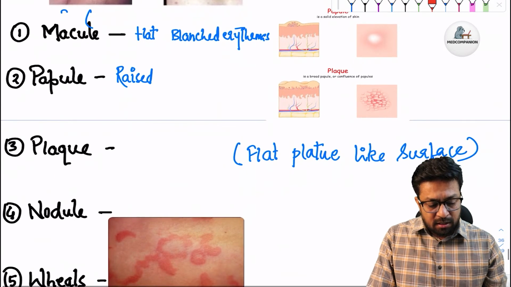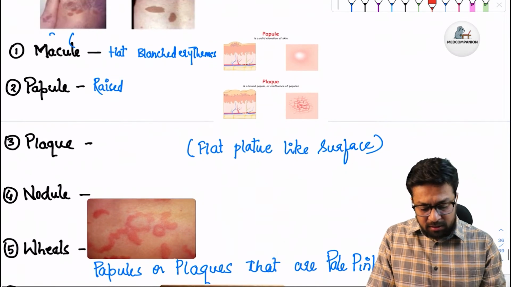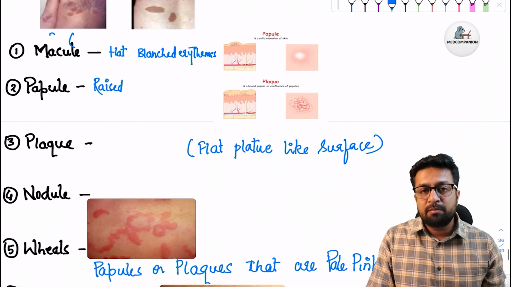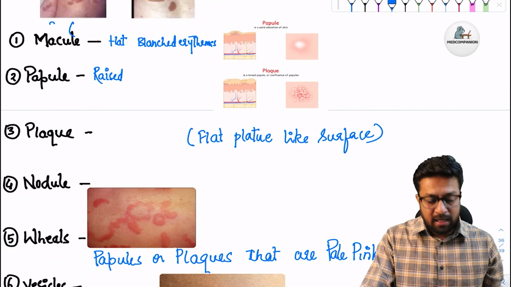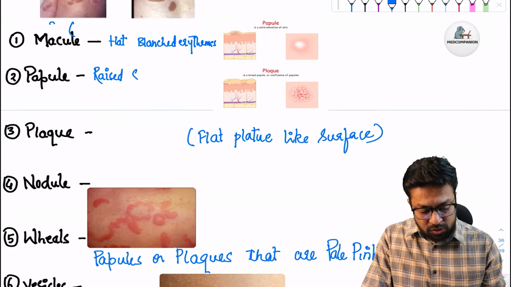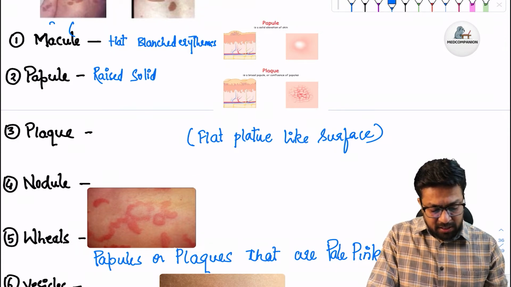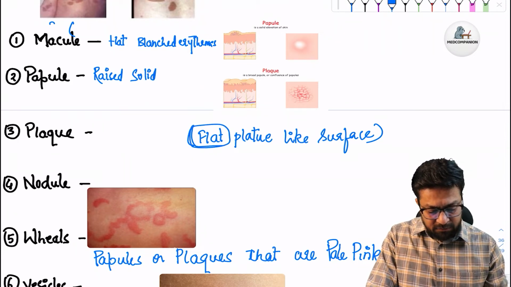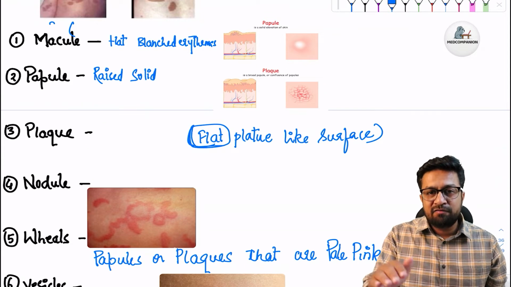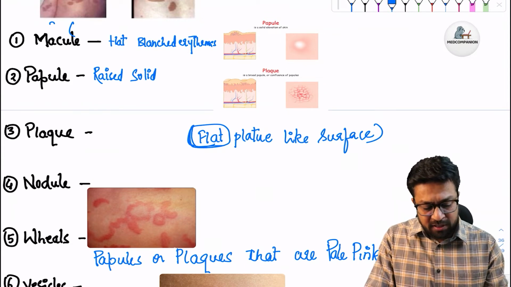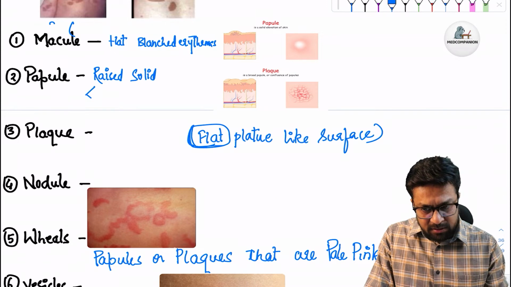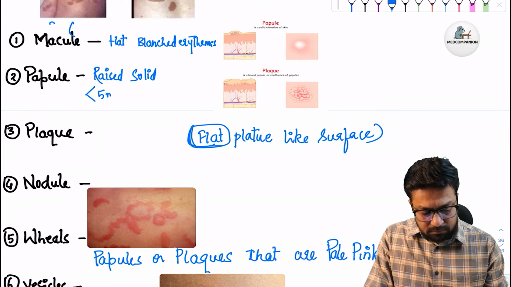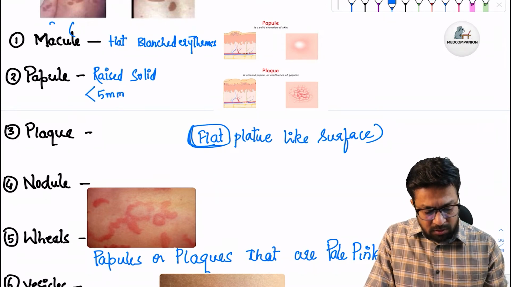Next is a papule. A papule is nothing but a raised lesion. Now, depending upon whether it is raised and solid, or if it is raised and flat with a plateau like structure: if it is less than 5 millimeters, this is a papule, and greater than 5 millimeters, it's a plaque.